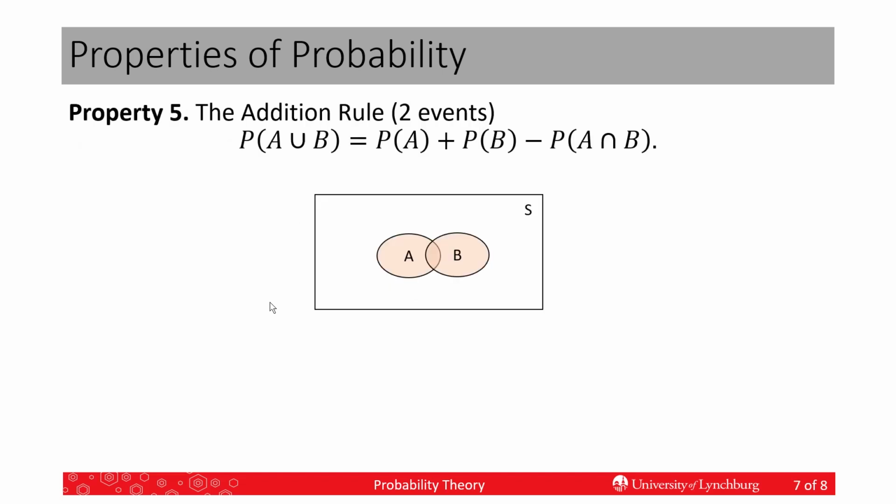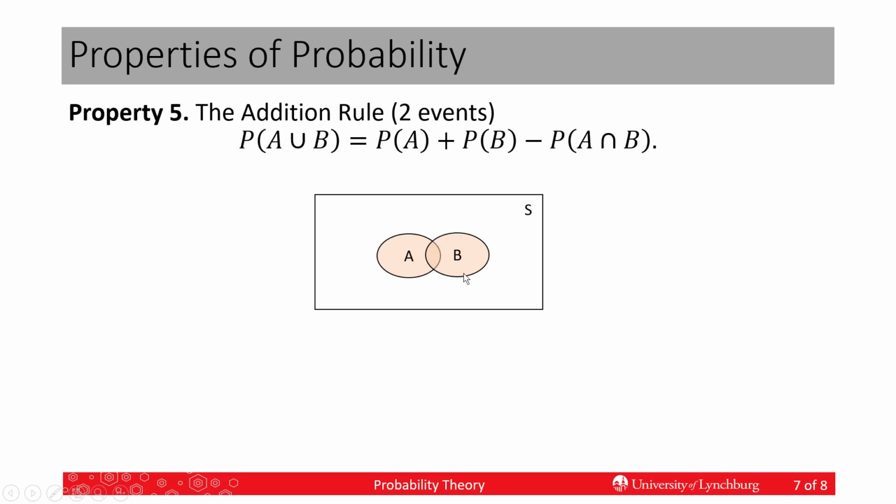And then we have the addition rule for two events. The probability of A or B, or the union of A with B, is equal to the probability of A plus the probability of B minus the probability of the intersection. Why are we subtracting out the intersection? Remember, for the axiom of probability, these were disjoint sets. Now they're not. Now they have an intersection. So if I add up the probability of A, I'm adding the probability of the intersection.